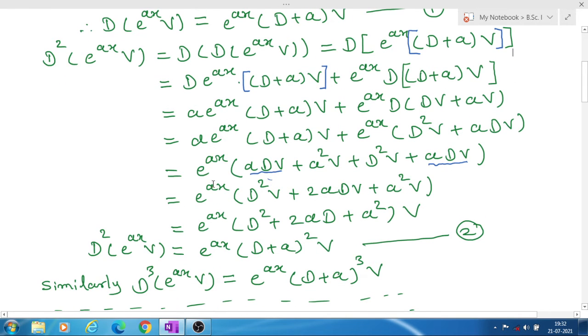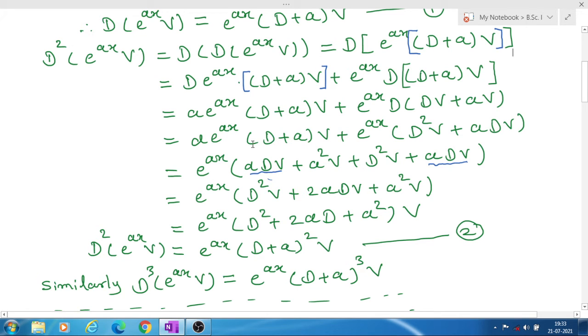So this is equal to e raised to ax into, from these two terms we have taken e raised to ax outside the bracket on the left side, and into the bracket remains D plus a into v. Operating D plus a on v, we write what remains.